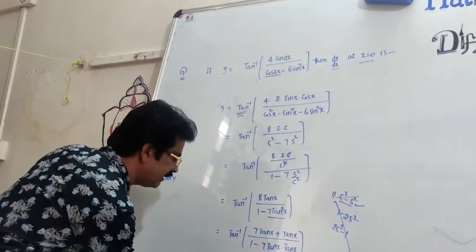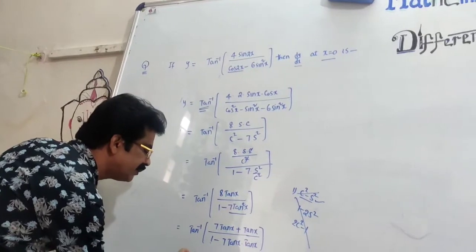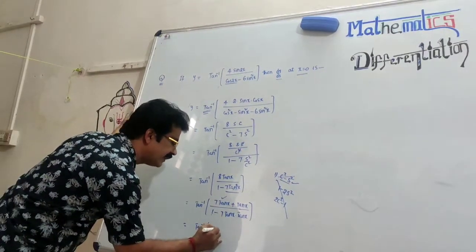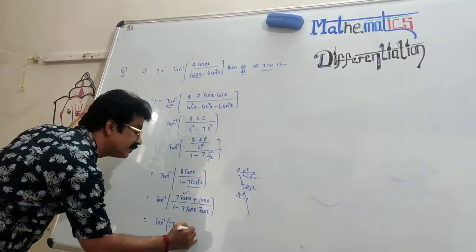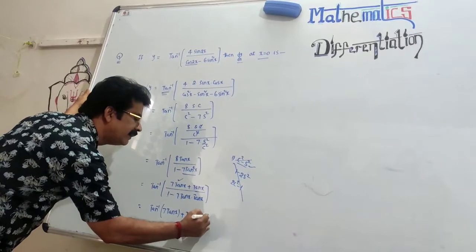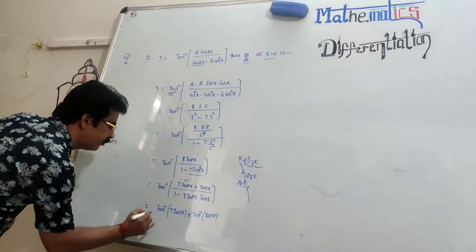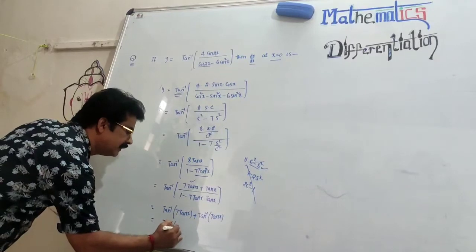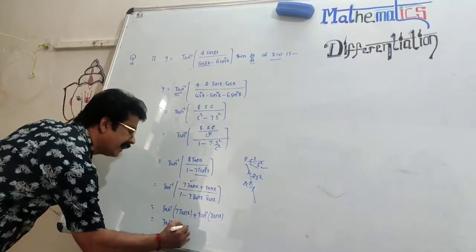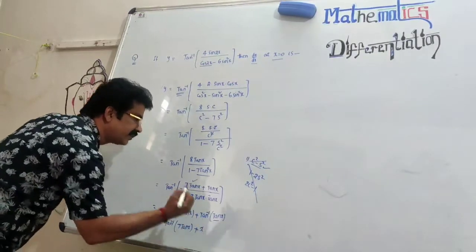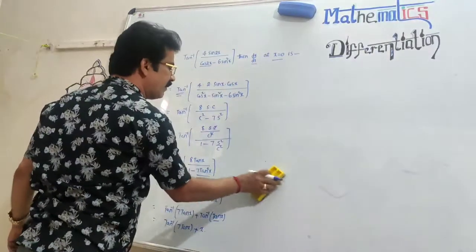So that is equal to tan inverse of 7 tan x plus tan inverse of tan x, which is x, just like that.